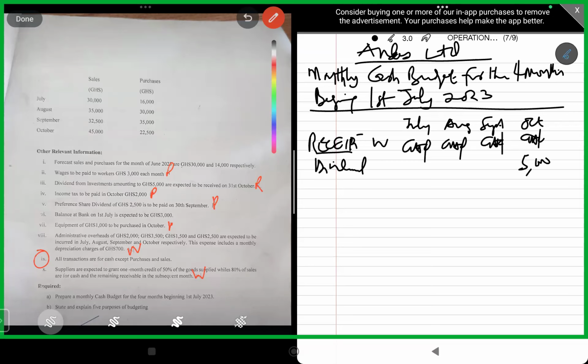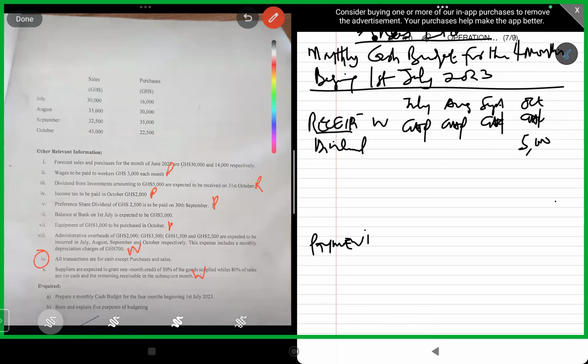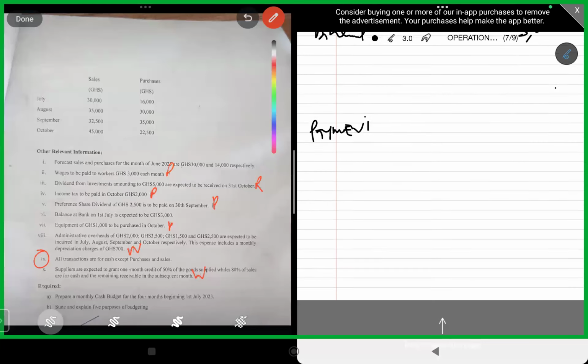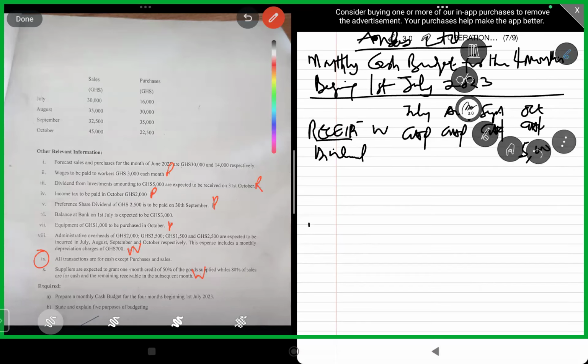Okay. So we come down here. We write payments. Let me see whether it's going to fit. I think payments will fit there.